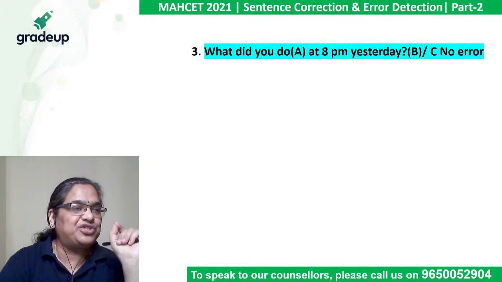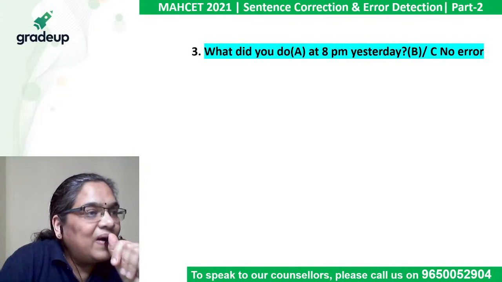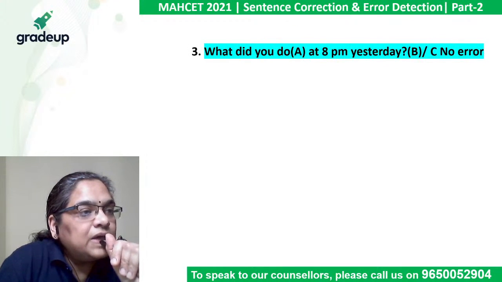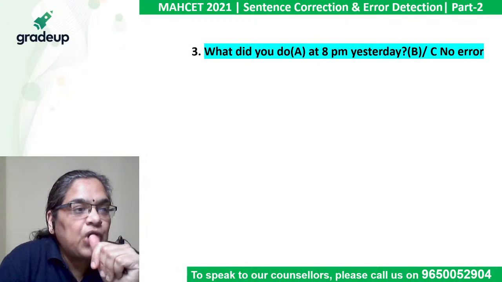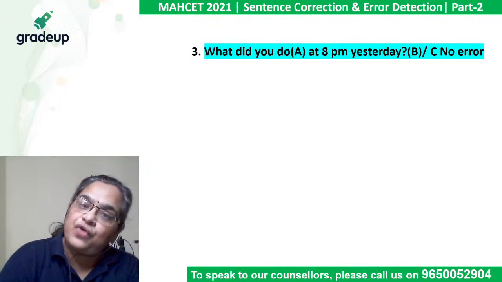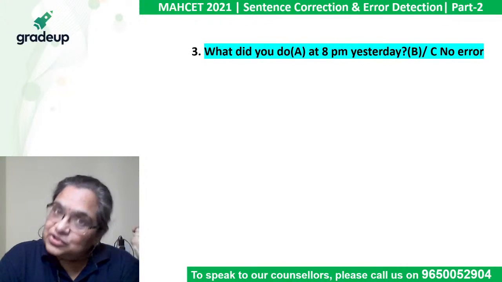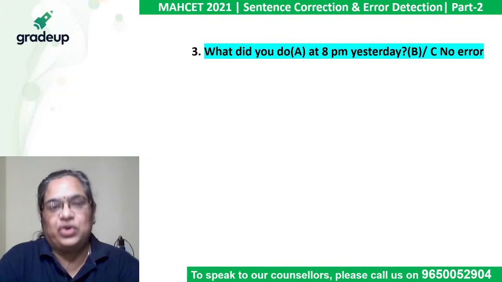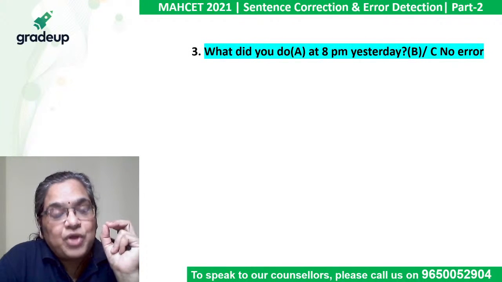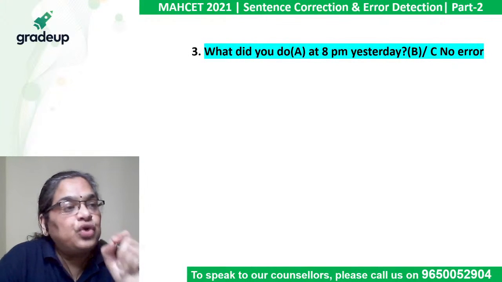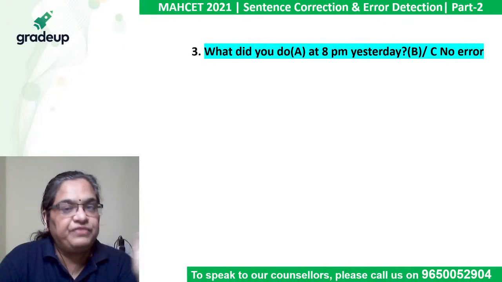Please mark the question number. No. Would is not used for future. Would is used for past. Would is the past of will, right? So for a past habit you use would. The only other place where you use would is in conditional sentences, which we will do later.